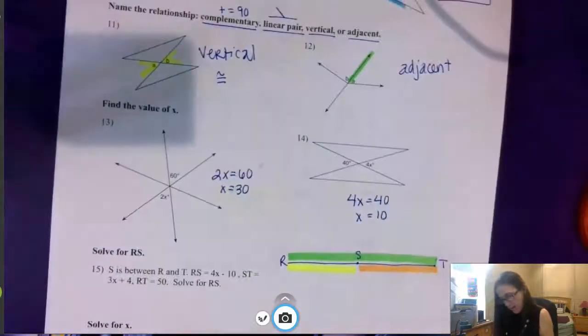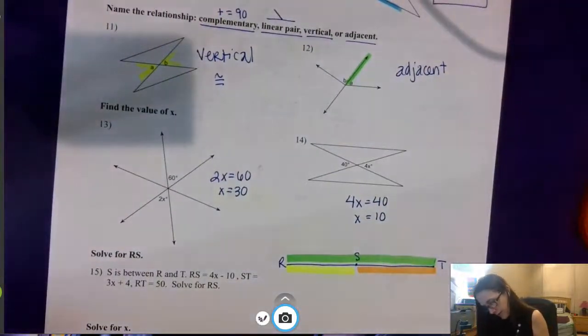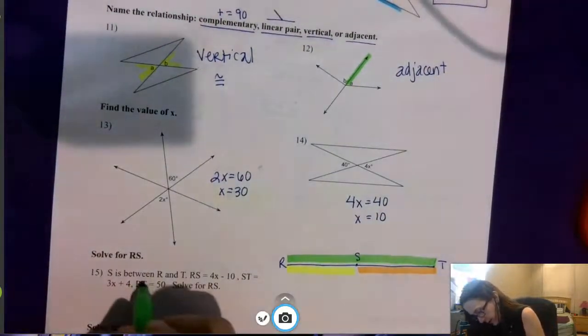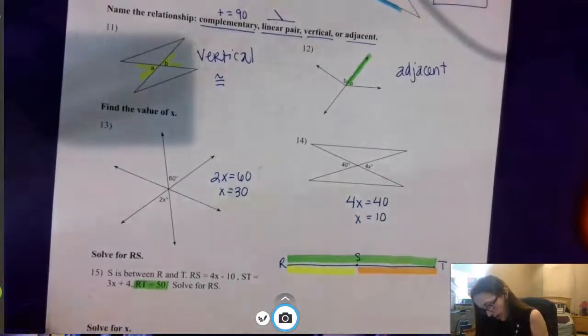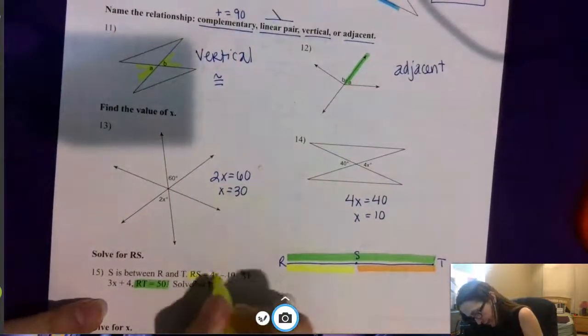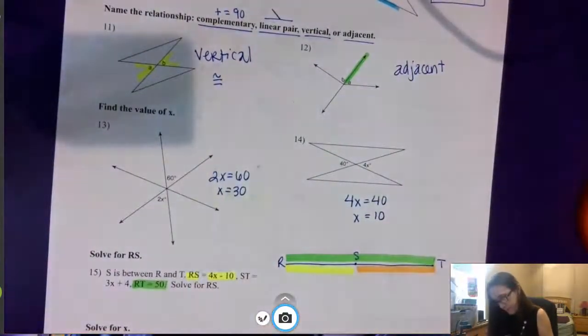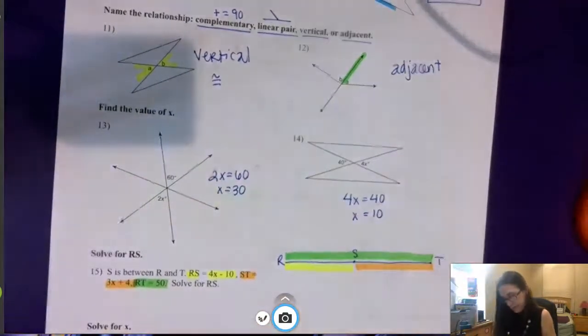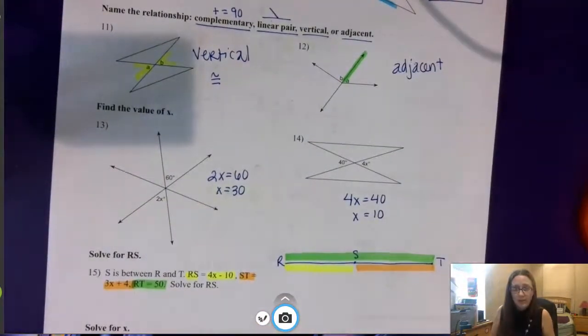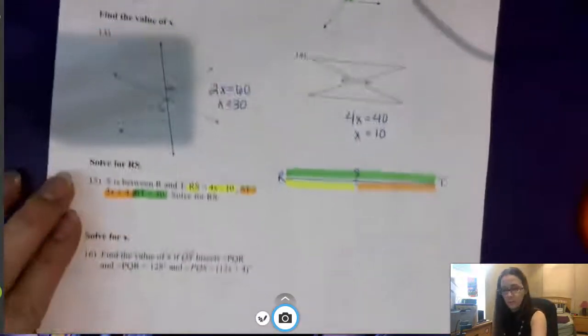I'm going to color code that because I'm going to color code these over here. So RT, the whole thing, is 50. RS is yellow, this piece. ST is orange, this piece. You don't have to color them, but I definitely don't think it hurts, especially for those who need to see what's going on.